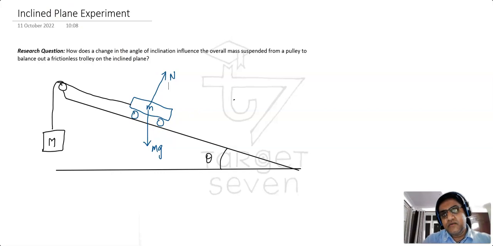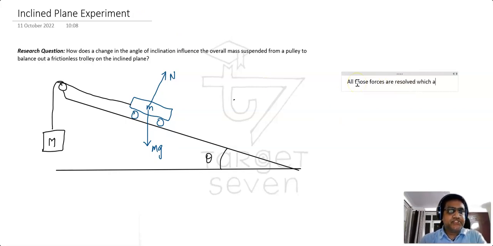Because we pretty well know that all those forces are resolved which are neither perpendicular nor parallel to the surface on which the body is present.